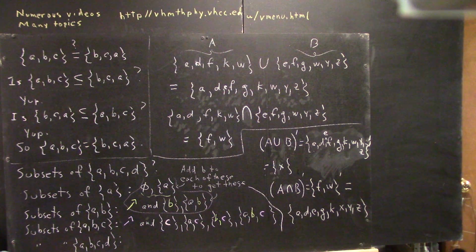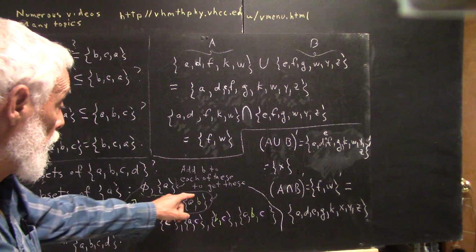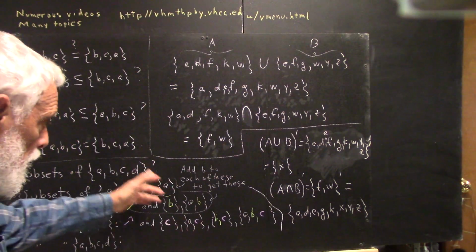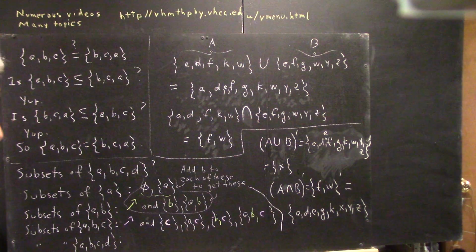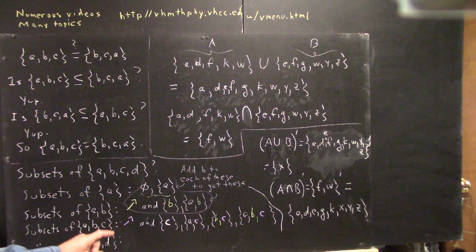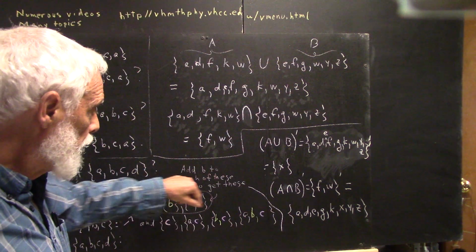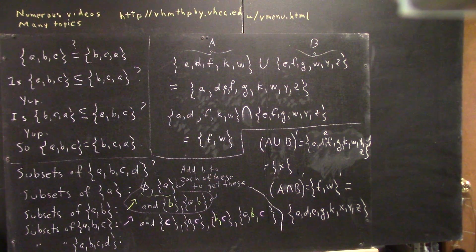So if we wanted to get the subsets of the set A, B, C, D, well, I leave that to you to fill in. But we just take each of the 8 subsets that we've already listed. They're all subsets of the set A, B, C, D because they're all subsets of the set A, B, C. If we add the element D to each of these 8, we're going to get the 16 subsets of the set A, B, C, D.